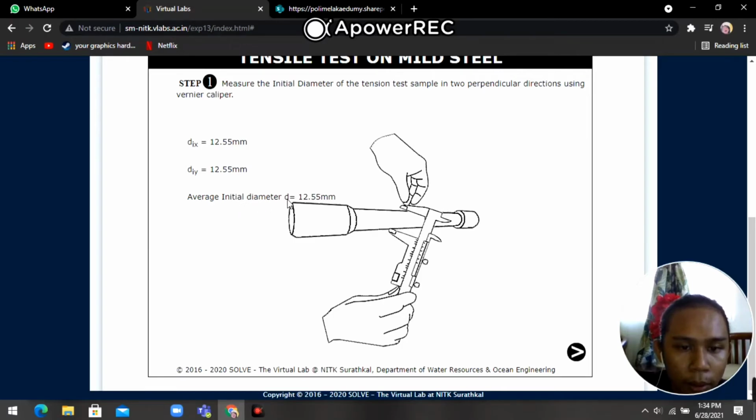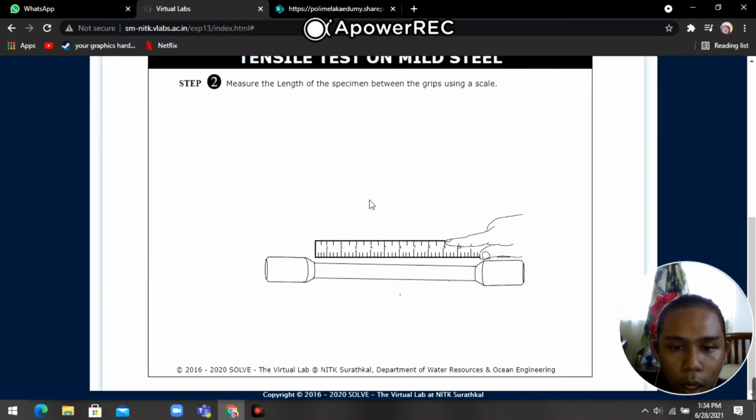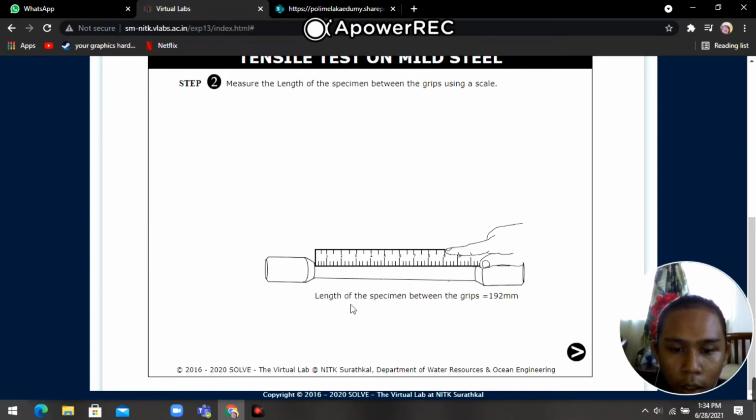Initial diameter is D equal to 12.55 millimeters. Step 2: measure the length of the specimen between the grips using a scale. Length of the specimen between the grips equal 192 millimeters.